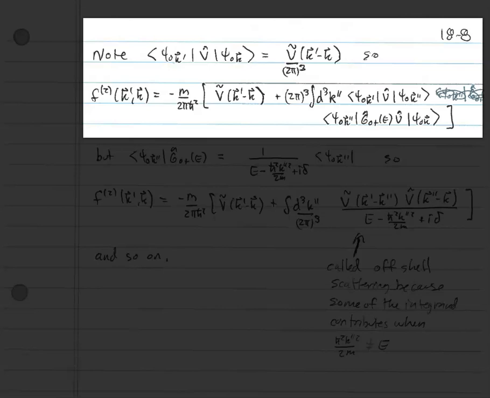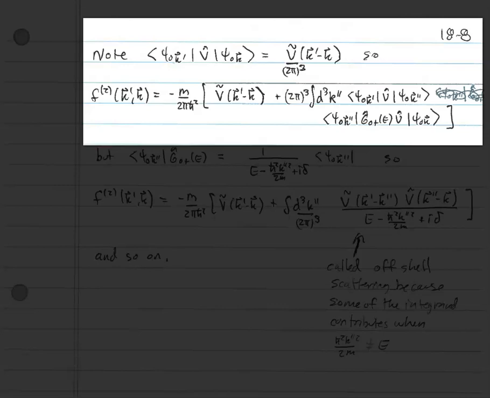That's given by minus m over 2πħ² times Ṽ(k' − k) plus 1 over (2π)³ integral d³k'' of ⟨ψ0 k'|V|ψ0 k''⟩ times ⟨ψ0 k''|G0+(E) V|ψ0 k⟩.